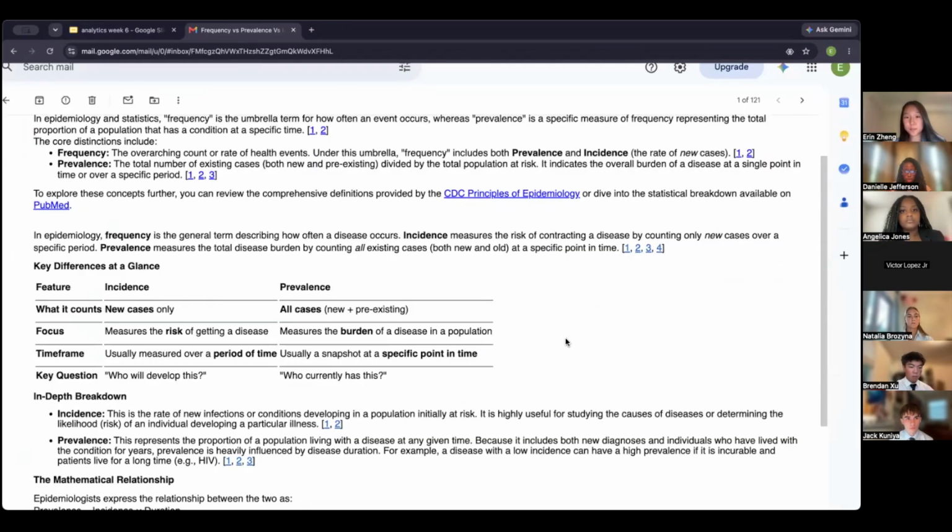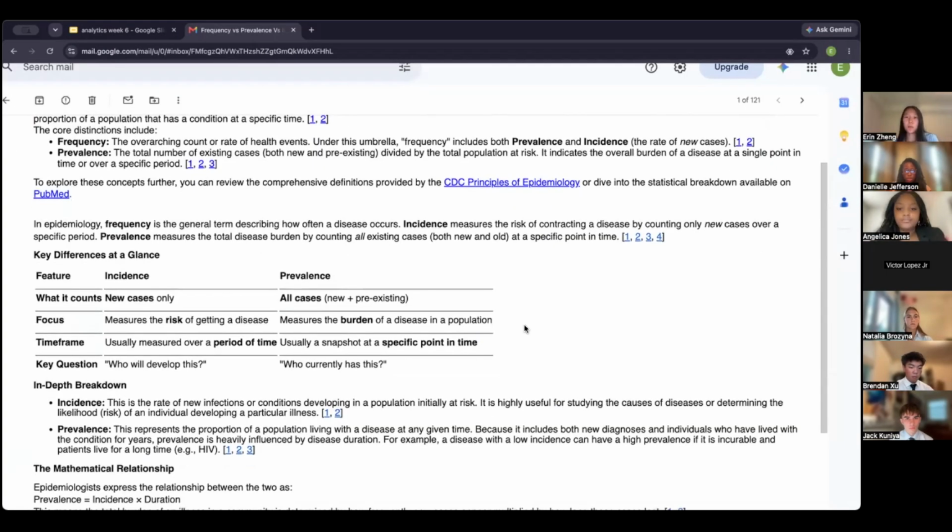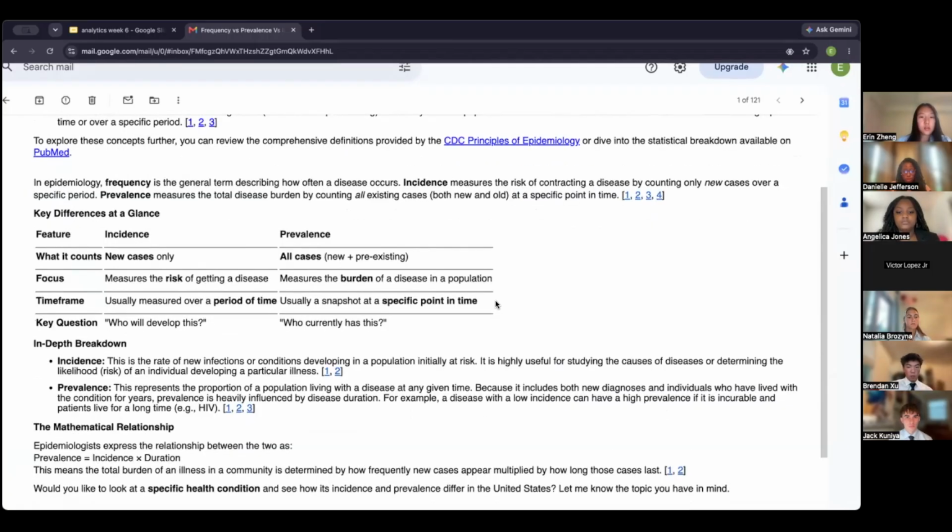Incidence is measuring how many new cases there are per specific period, and then prevalence is all the existing cases at a specific point. So if you're asking for the total burden, then you would look at the prevalence because it's counting all of the current existing cases in a specific time.